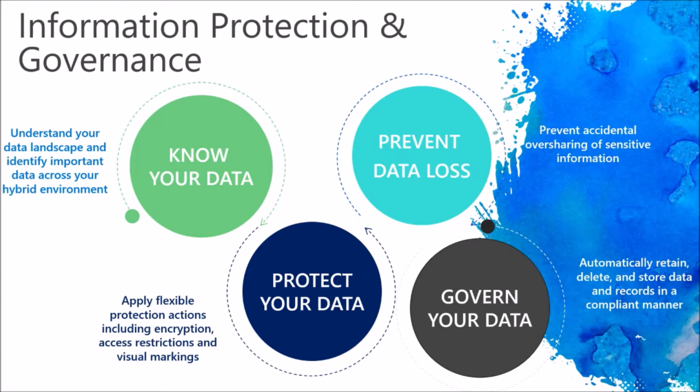Then once you've detected that sensitive data, what we want to be able to do is protect it. We want to classify and label that data in a manner that reflects its sensitivity. So we have tools available to us, like information protection, that allow us to classify data depending on its sensitivity.